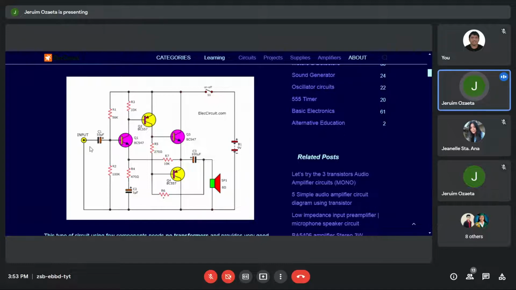So itong input, this can either be a microphone or a line input. It's already a voltage input received by the capacitor into the amplifier. Now R1 and R2 are the bias of the Q1 to maintain the stability of the potential present.